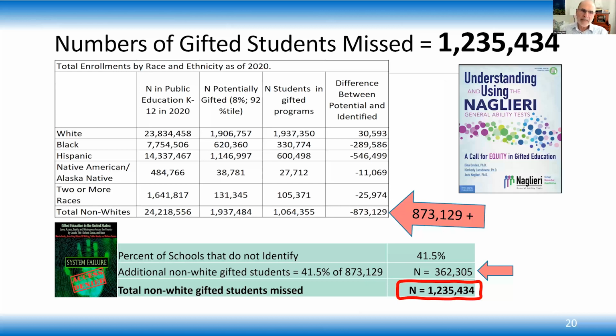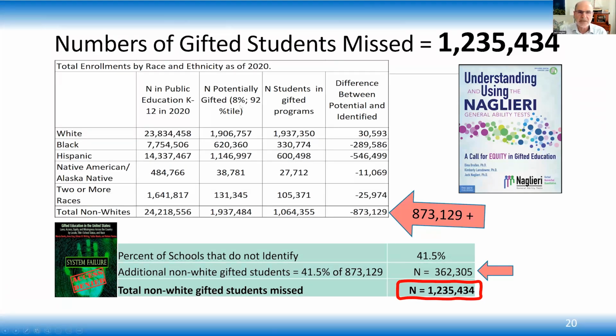And the way that these numbers were calculated is simply getting the number of students in public education, K to 12, using simple math to get the number potentially gifted, 8%, in other words, 92nd percentile. That's actually conservative. Some people say 90th and above, some people say 95th.